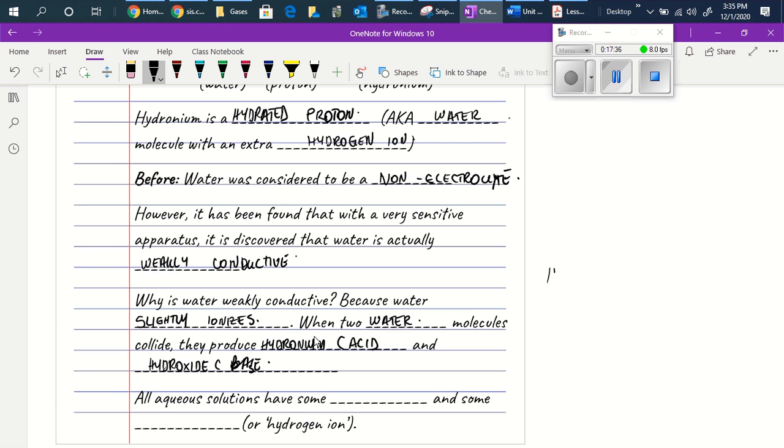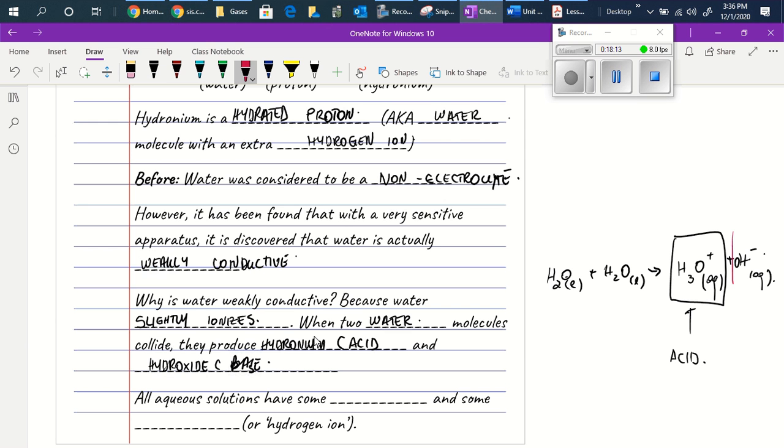So now two water molecules, H2O plus H2O, form the hydronium, H3O plus, which is an acid, and a hydroxide, OH minus. This one is an acid and gives the qualities of an acid, and the hydroxide gives the qualities of a base.